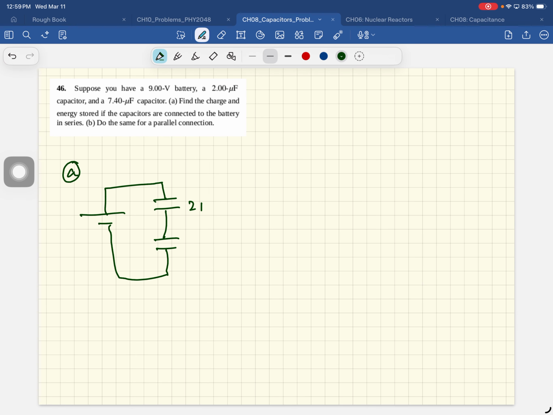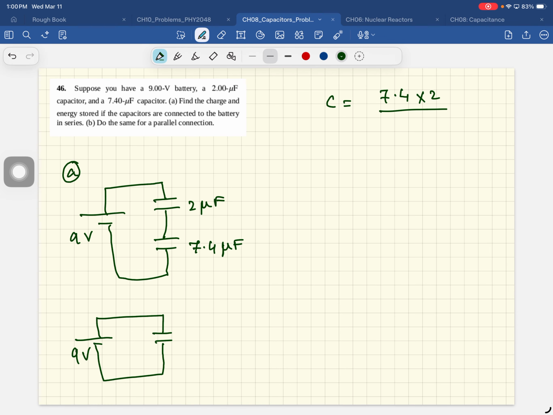Okay, so 2 microfarads. What you have to do is reduce this to a single capacitor, and the value of that single capacitance, C, is 7.4 times 2 divided by 7.4 plus 2. That's how you do a series combination.